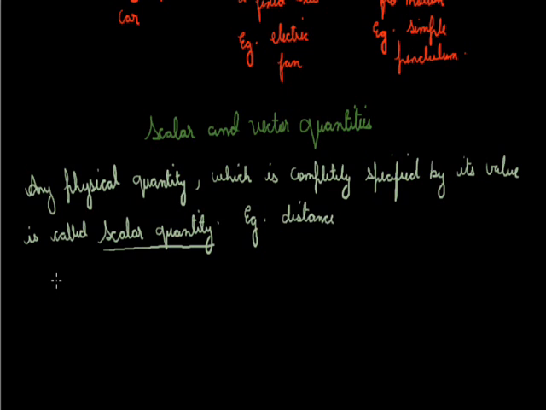Next, any physical quantity which requires value or magnitude as well as direction to be specified is known as a vector quantity. Means those physical quantities which need value and direction to be specified are known as vector quantities.